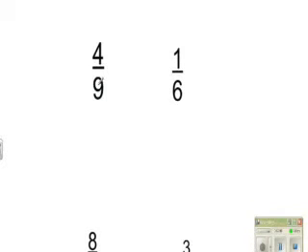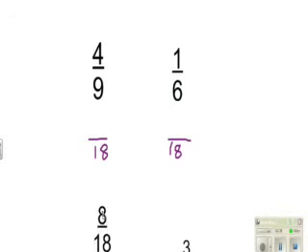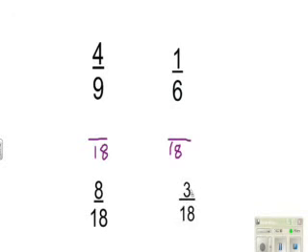And think about it, 3 times 6 is 18. Why not use 18ths? Since you know both 9 and 6 go into 18, and that's the smallest thing they both go into, it's a much nicer number. In fact, you just end up comparing 8/18 with 3/18, and clearly the 4/9 is larger, greater than the 1/6.